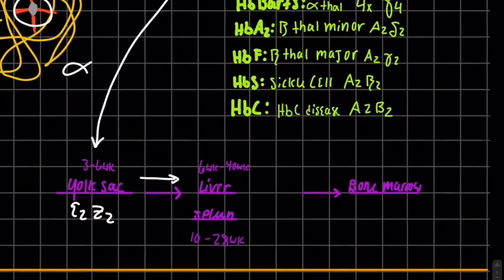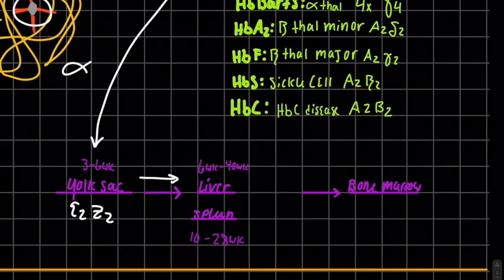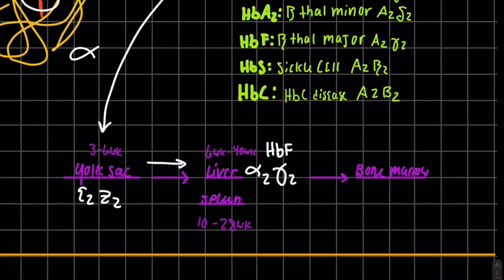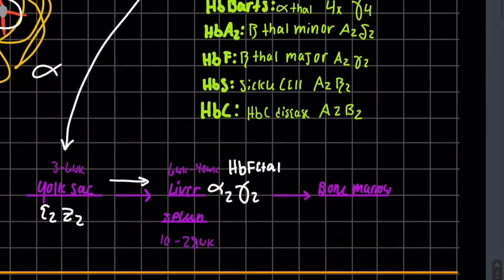In the liver, we're going to make a different type of hemoglobin, and this one is very clinically relevant. We're going to make hemoglobin alpha 2 gamma 2, and this is hemoglobin F, which stands for fetal. This hemoglobin is very important.